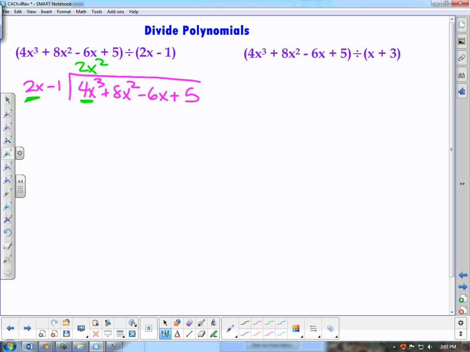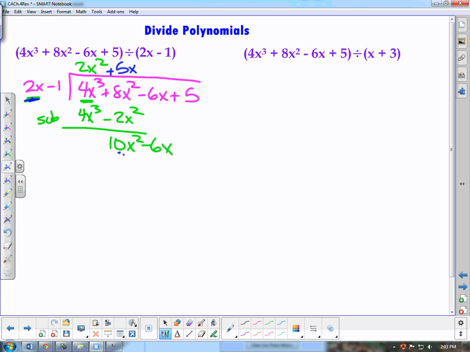And when you multiply this times that, you would get 4x to the third minus 2x squared. And then you're going to subtract, and this would be 8 minus a negative 2, so that is 10x squared minus 6x.